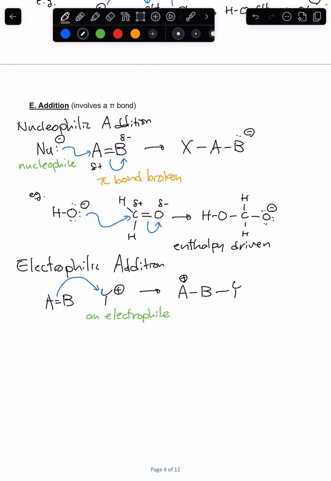So this is an example of an electrophilic addition. An example might be if you have a proton, right, which is electrophilic, that might grab pi electrons in a double bond or alkene, and that would result in this carbocation situation.